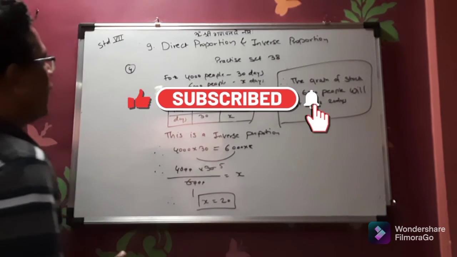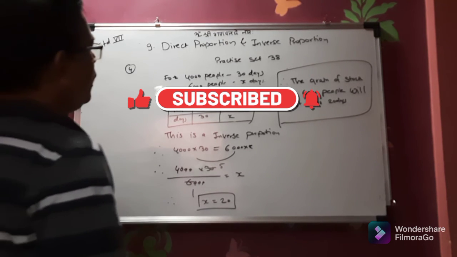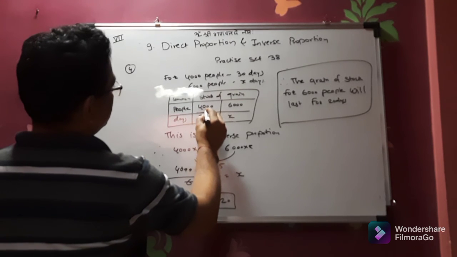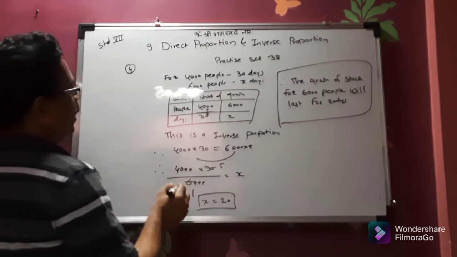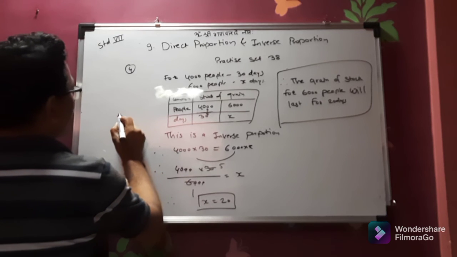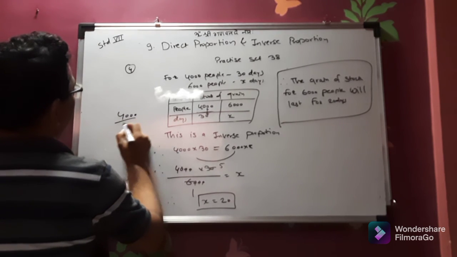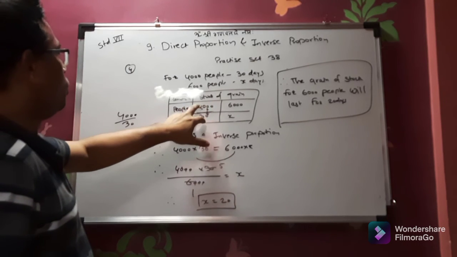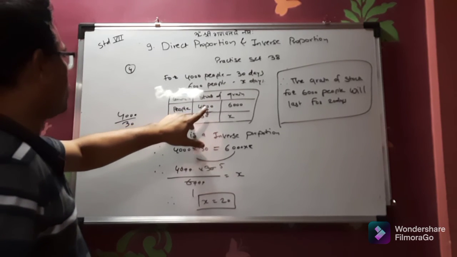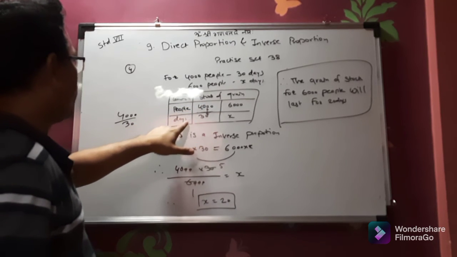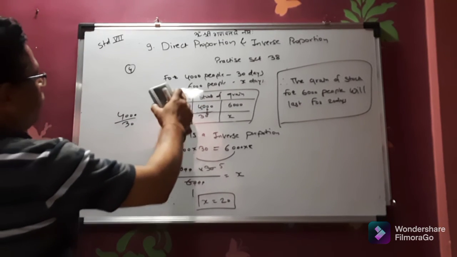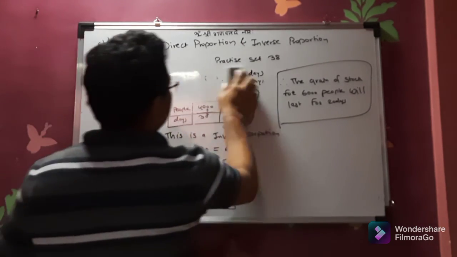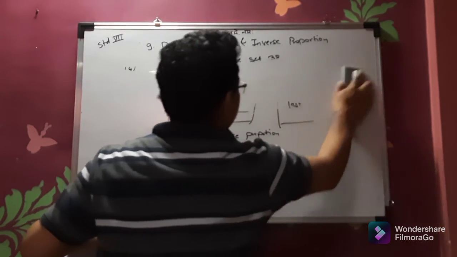In inverse proportion we are multiplying these 2 factors, whereas in direct proportion we are taking the ratio, because here the 2 things are in inverse proportion. When people increase, the number of days will decrease. Direct proportion we have solved earlier. So this is the end of practice set 38.